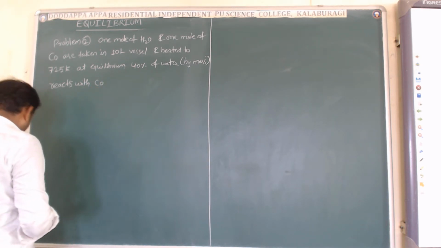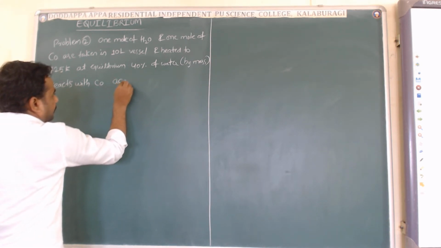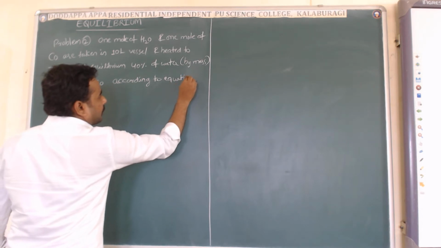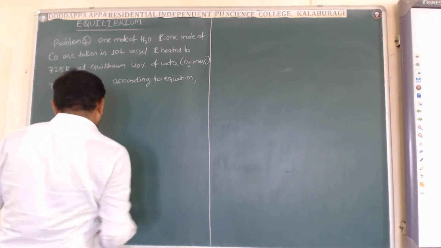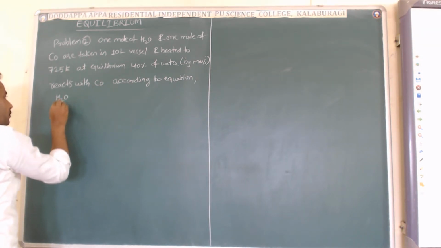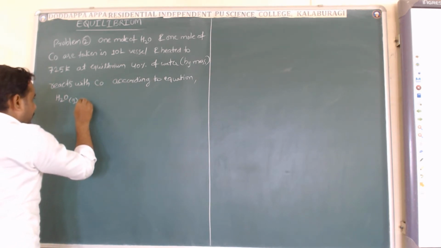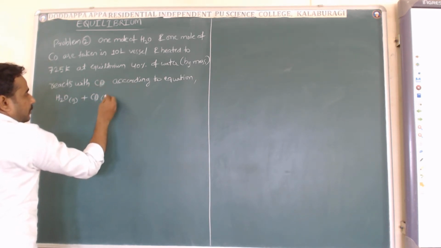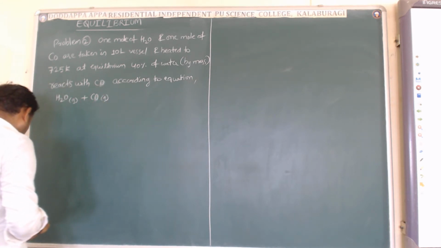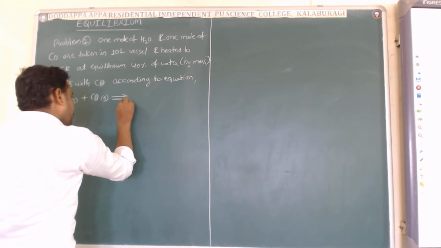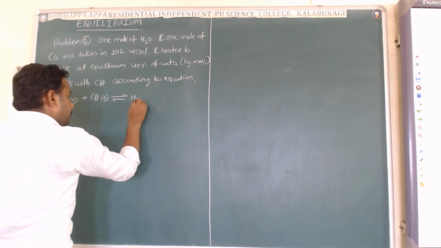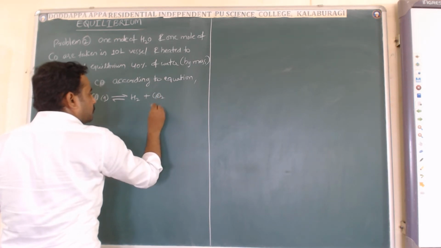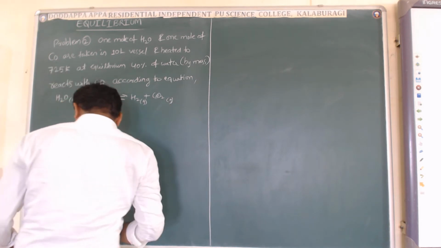with CO, carbon monoxide, according to the equation: H2O in gaseous form plus CO in gaseous form. When water reacts with carbon monoxide, it gives hydrogen plus CO2, both in the form of gases.